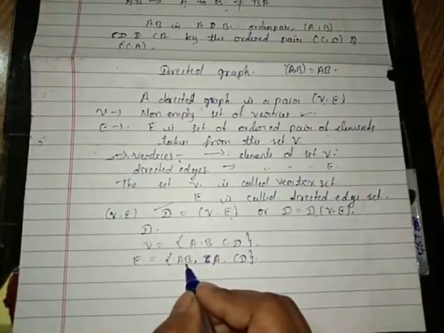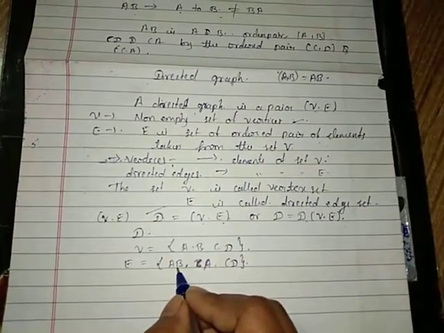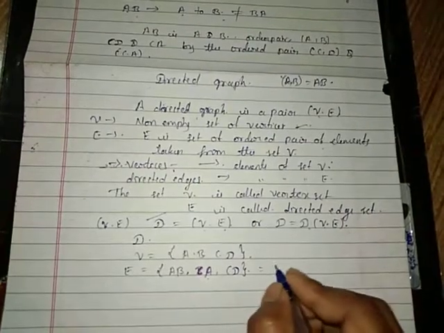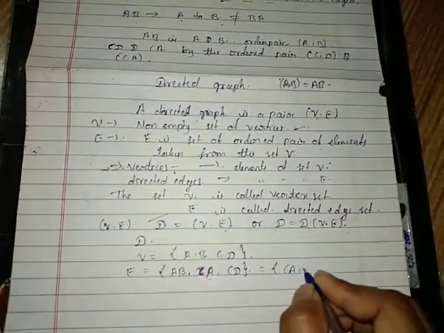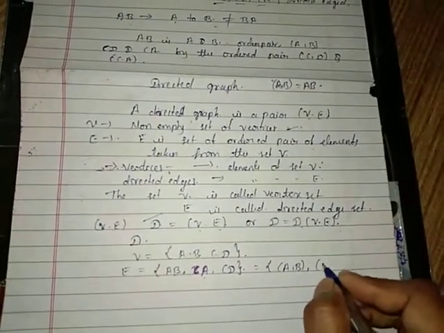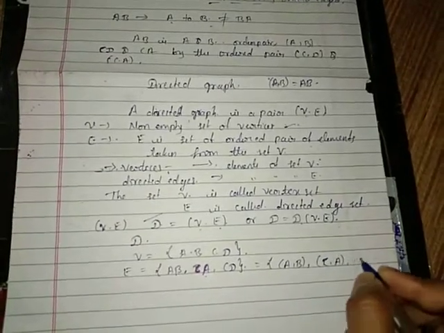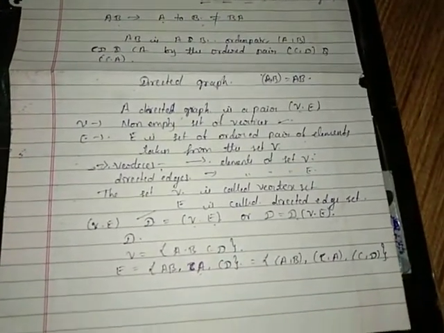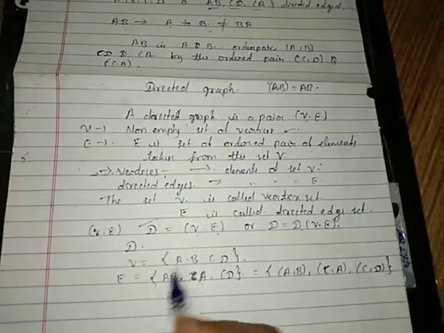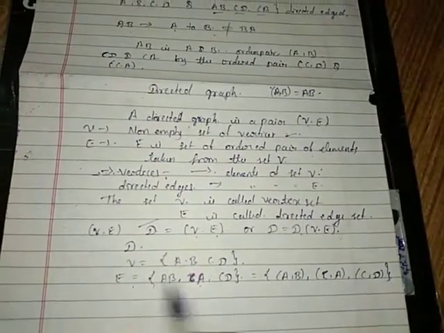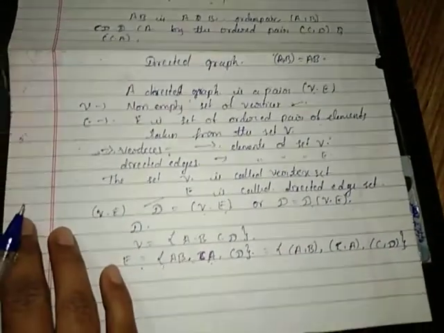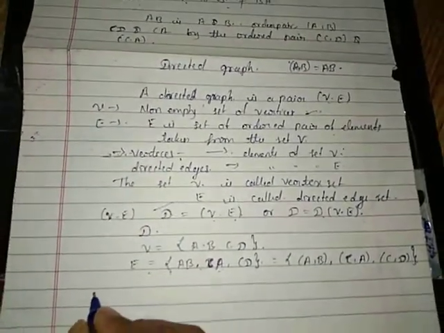Therefore the edge set can be written as AB, CA, CD, or as the ordered pairs A comma B, C comma A, C comma D. So the vertex set is ABCD and the edge set is AB, CA, CD. Now I am taking one more diagram.